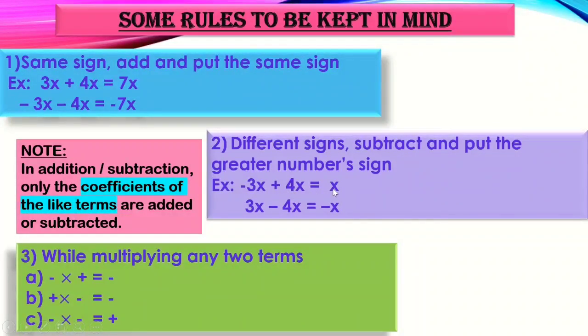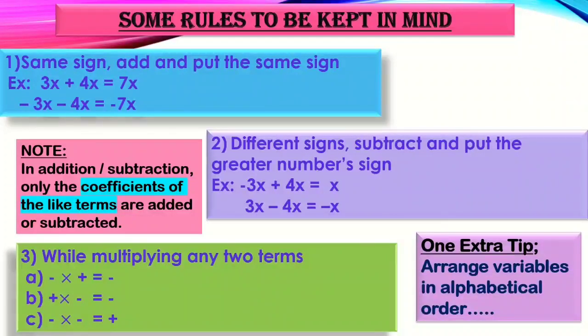We are not touching the variable. We just keep the variable as it is, whether it is x or x square yz. And one extra tip: whenever you are arranging the like terms, arrange the variables in alphabetical order. I'll tell this in detail in the next slides.